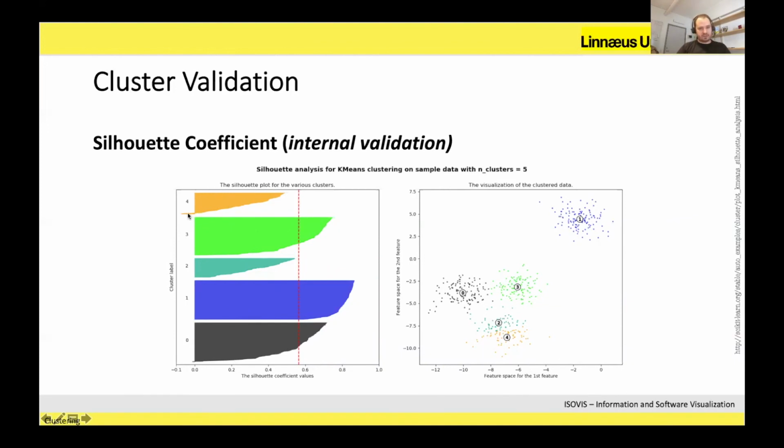There are some interesting things here. For example, there's this little tail over here which goes below 0. This is the situation where the intra distances are larger than the external distances, and they are the orange points. So probably some points somewhere over here in the middle have smaller distance to cluster 2 than they have to cluster 4.